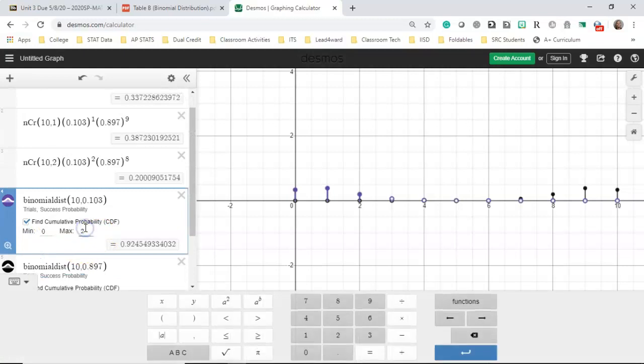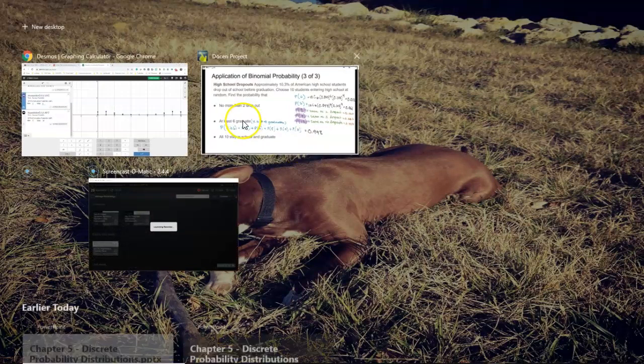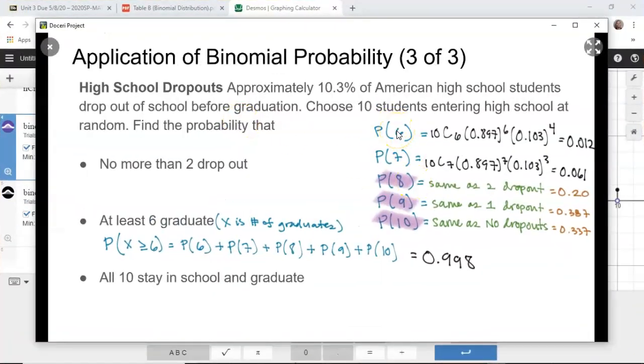So if I put a 4 here, notice they're the same value, right? Because if at least 6 graduate, that's the same as saying no more than 4, because this is no dropouts, 1 dropout, 2 dropouts, 3 dropouts, 4 dropouts. So we can think of it several different ways.